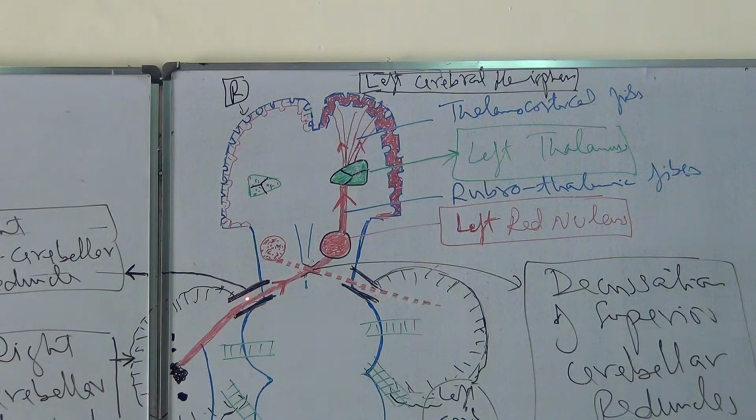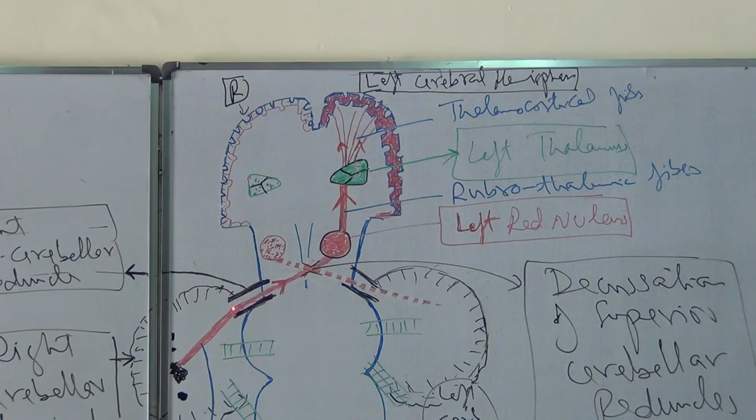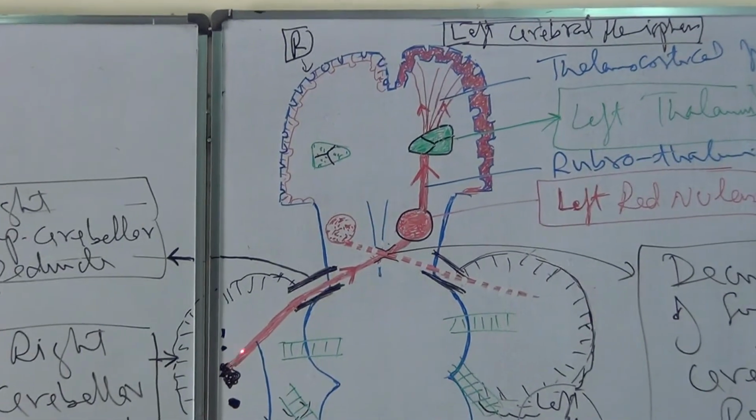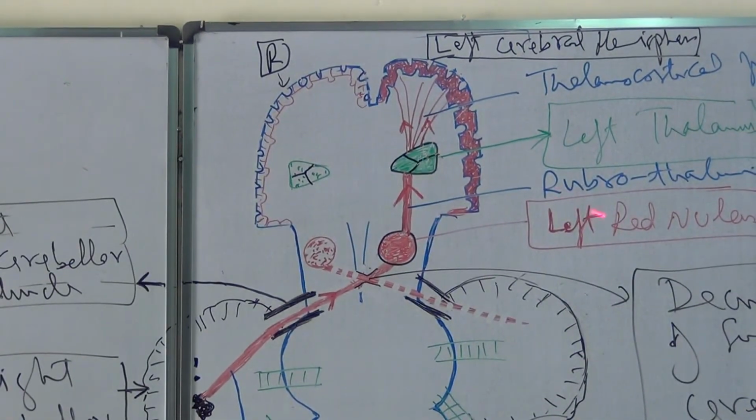So the right superior cerebellar peduncle connects the right cerebellar hemisphere with the left red nucleus.